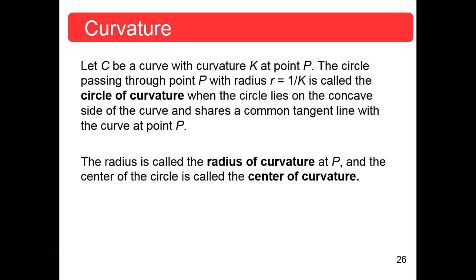When the circle lies on the concave side of the curve and shares a common tangent line with the curve at P, the radius of that circle is called the radius of curvature at P. And the center of the circle is called the center of curvature from that point P. Remember, they put it on the inside of the curve.